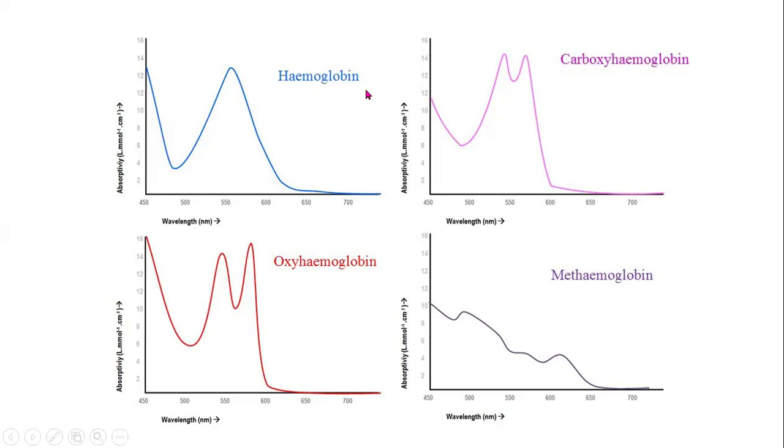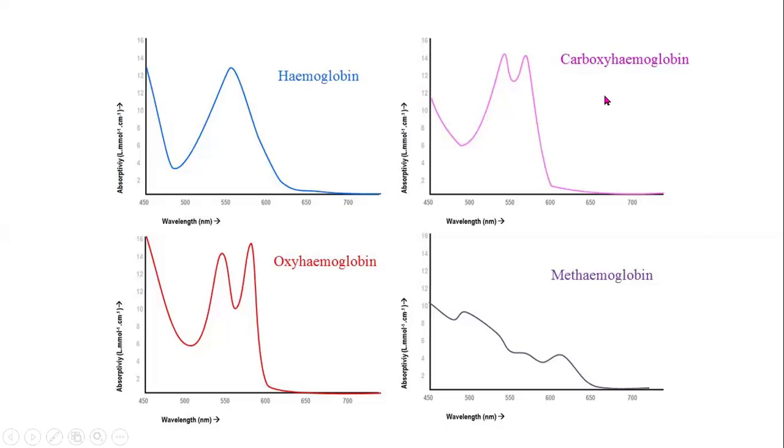When we have carboxyhemoglobin, that's hemoglobin with CO attached to it, we can see there is an absorption maxima shift, which is not normal.